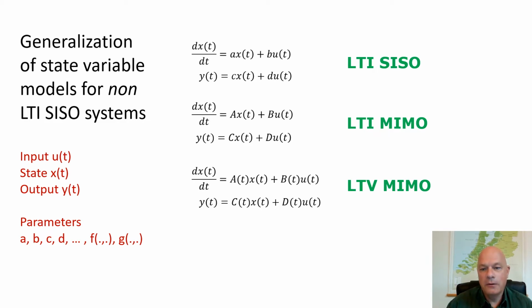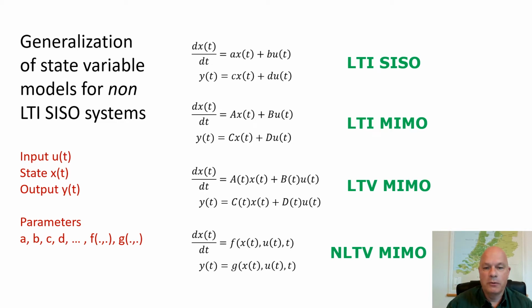And then the final update is when we go to nonlinear systems, and then I have to replace these linear functions by very general functions f and g of t, but still functions of the state variable, the input, and possibly time. So very similar formulations, but progressively more and more powerful in terms of what they can represent.